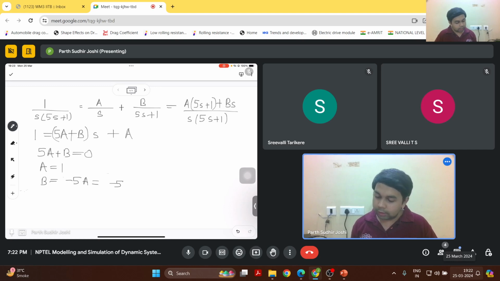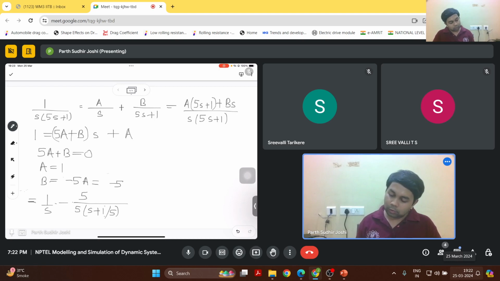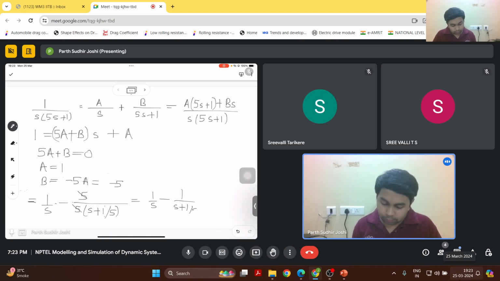So basically we will get 1 upon s plus, since B is minus 5, minus 5 upon 5s plus 1. So we can write this as 1 upon s minus 1 upon s plus 1 by 5.